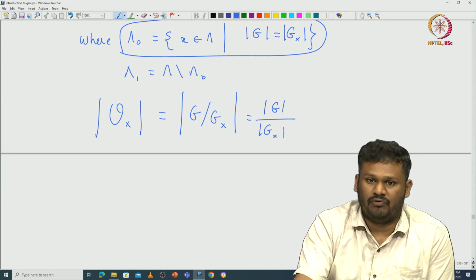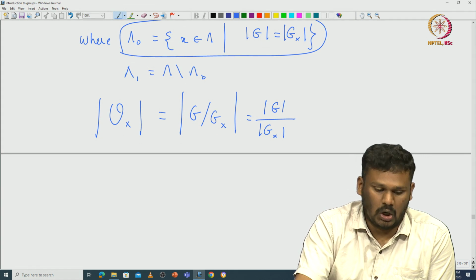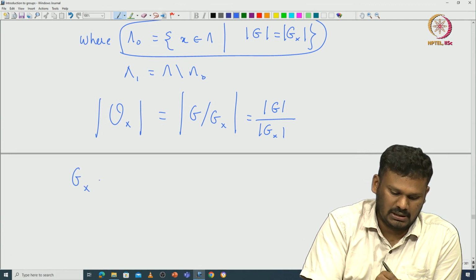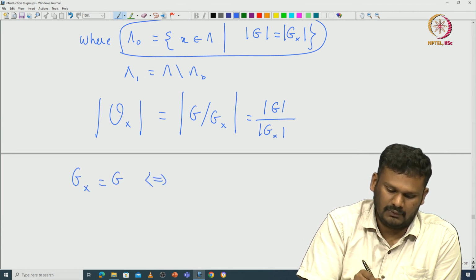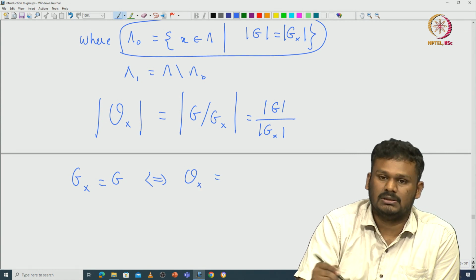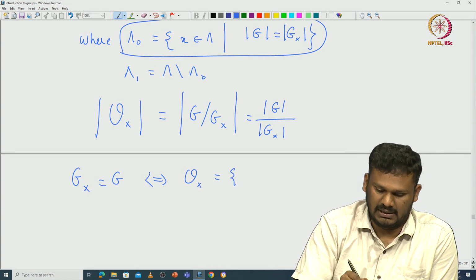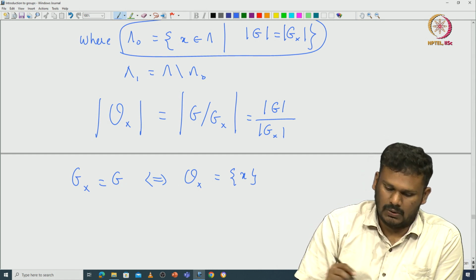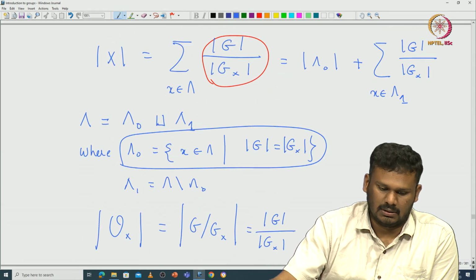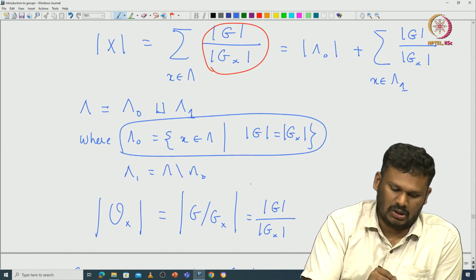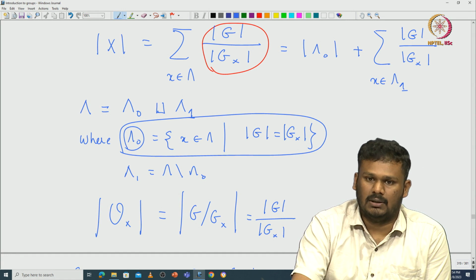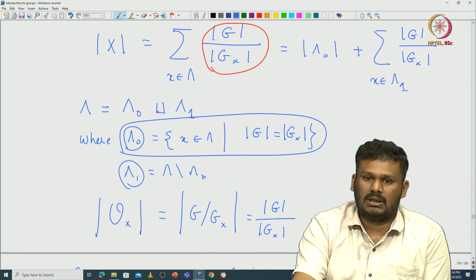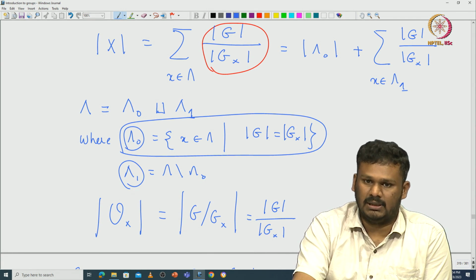If the stabilizer is full, if and only if this orbit has cardinality 1. So, G_x equals G if and only if the orbit has one single element, namely x, because x is always there. So, you are collecting in this Lambda naught all the orbits having single elements. This Lambda 1, those are all orbits having more than one element.